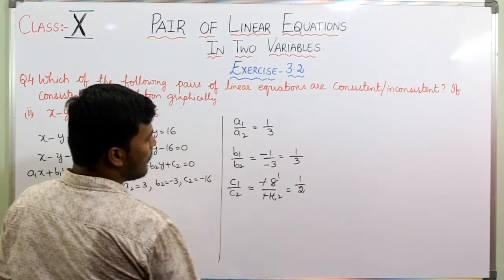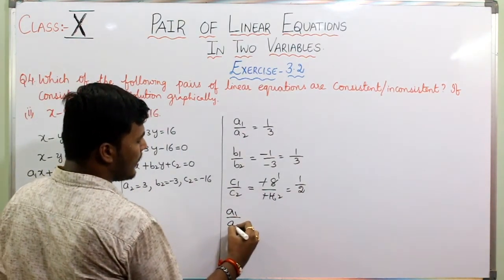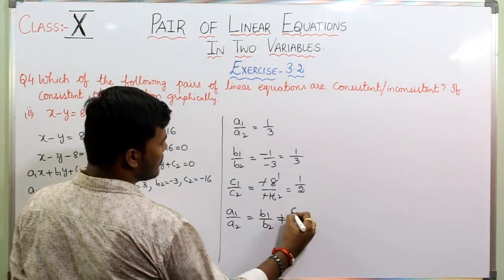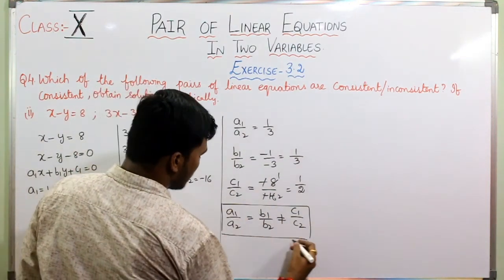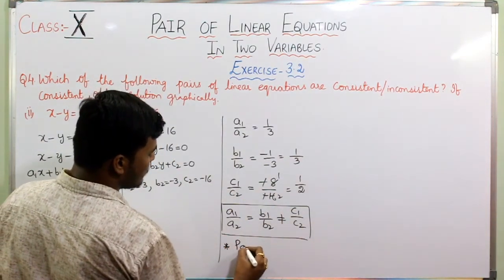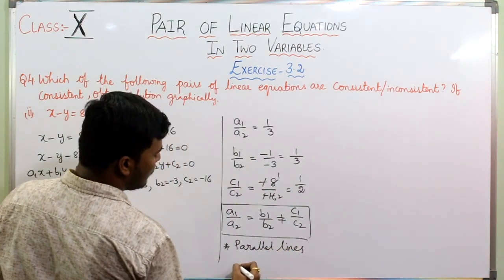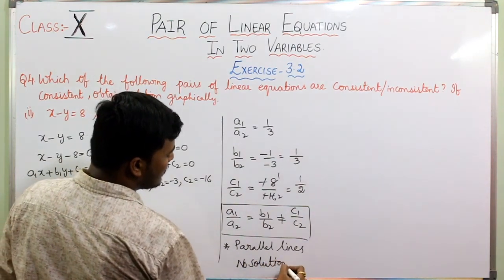So we got it as 1 by 2. So now here very clearly we have a1 by a2 is equal to b1 by b2, which is not equal to c1 by c2. So what type of lines are these? These are parallel lines. As they are parallel lines, they will have no solution, hence they are inconsistent lines.